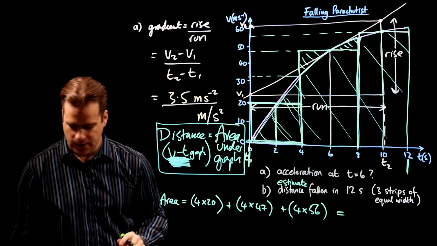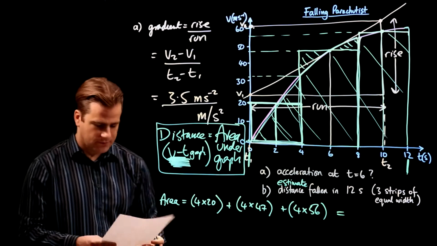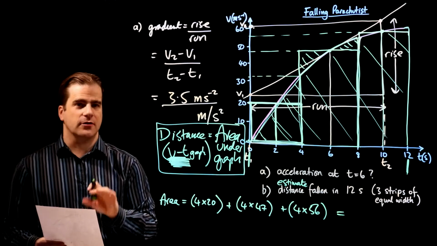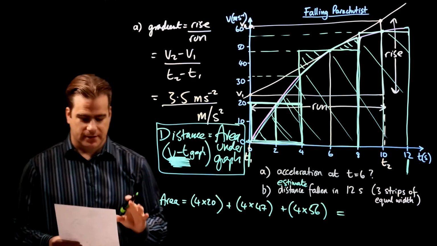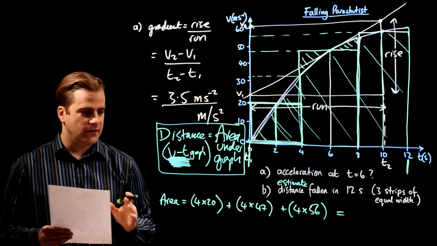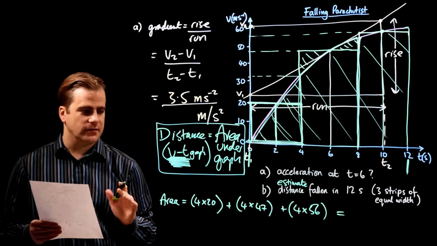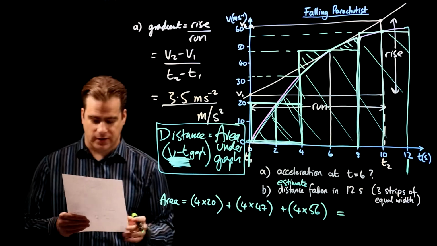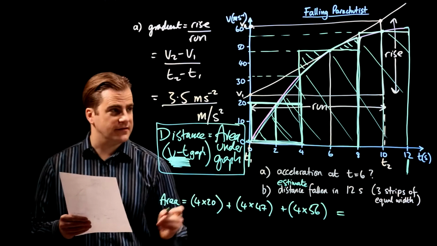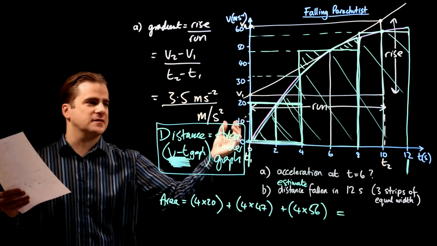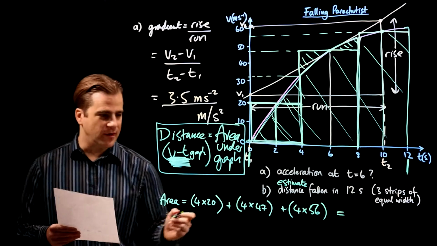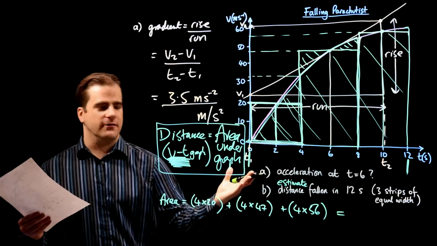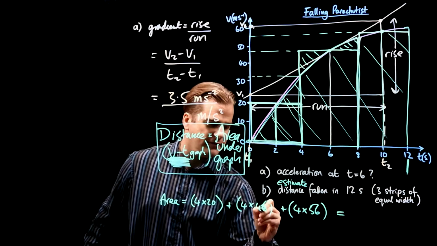Now I've written down what I think the values are from the actual graph on your question sheet, and the values that you should be reading off using this method are, oh, 20 is the same. Nailed it. 4 times 20, so that's the same. 46, not bad.